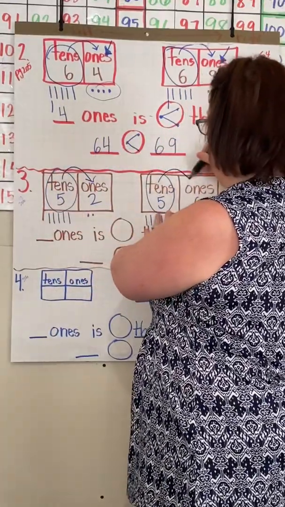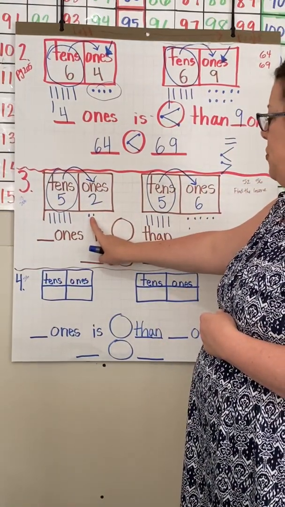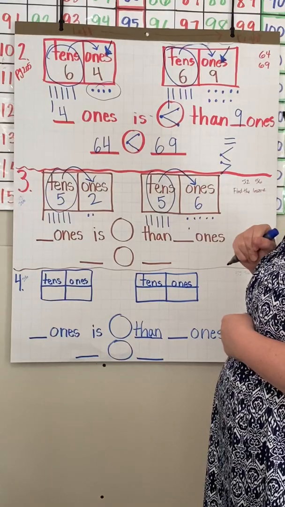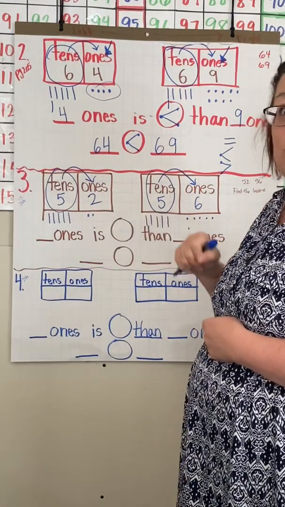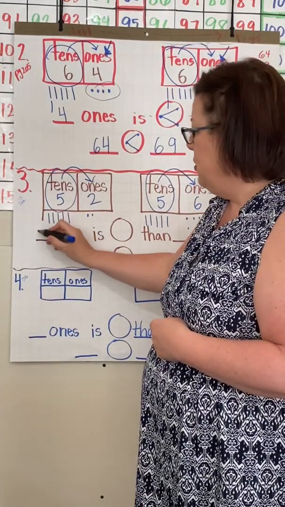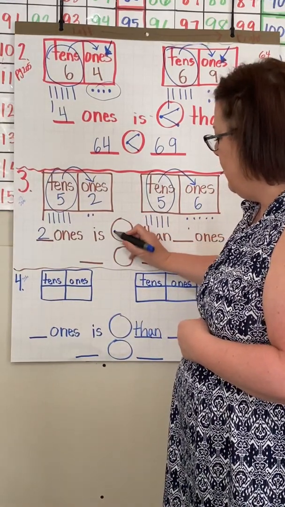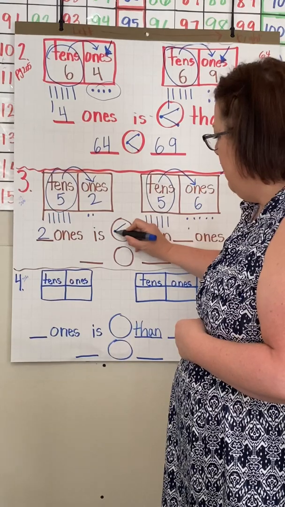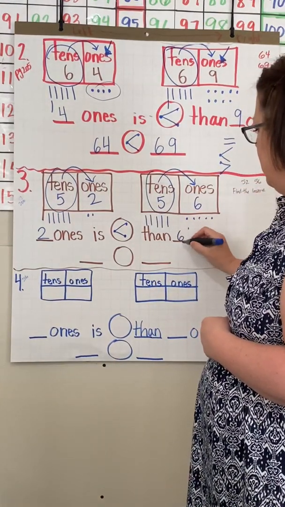So I have to look to the ones place in each number. So here I have 2 ones and 6 ones. Which one is less? 2. Which one is more? 6, right? So 2 ones is less, so it gets 1 dot, than 6 ones.